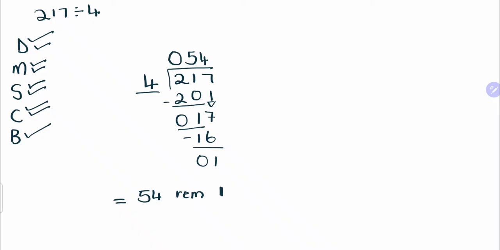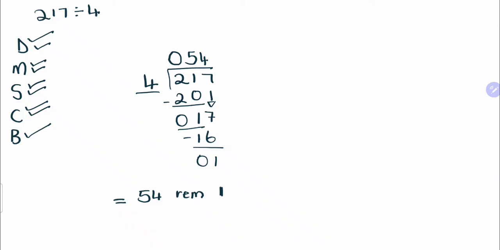Now, there's a way to check if your answer is correct or not, right? And all you need to do is to do the inverse operations. So in this whole process, we have divided, multiplied, and subtracted. So what we need to do now is to multiply and add, right?